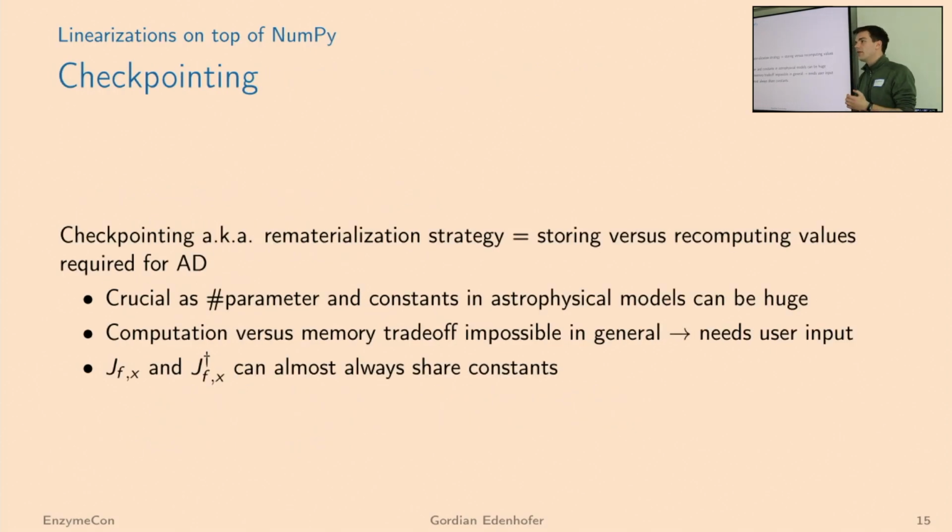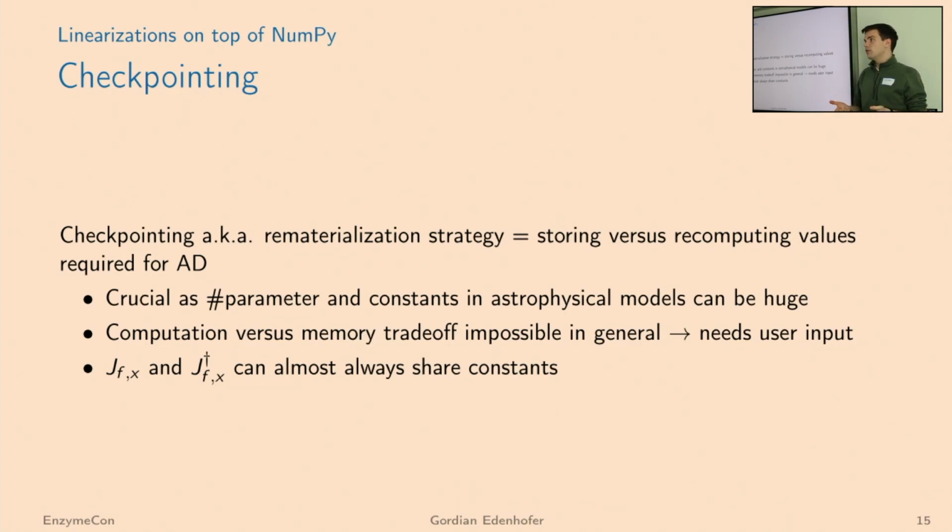Here we'd like to take one small detour and briefly talk about checkpointing, because that's also very important for us. As I mentioned, we're going to work with huge parameter spaces, and we can't afford storing anything twice that's not absolutely necessary.